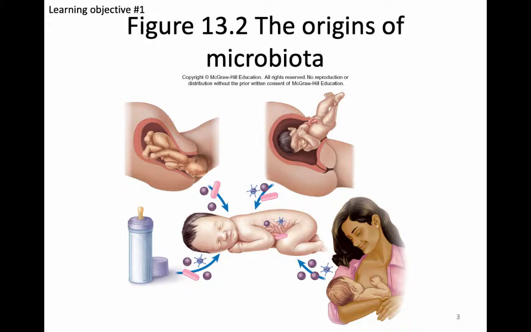Those microorganisms will start to colonize the gut and the body of the newborn. As the newborn feeds on breast milk, formula, or eventually solid foods, the composition of the microbiota in the newborn will change. Microbiota are very important for keeping humans healthy, and their presence in the human body is considered normal.